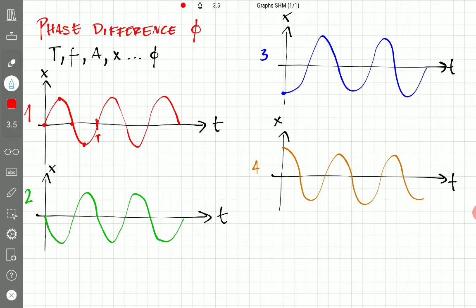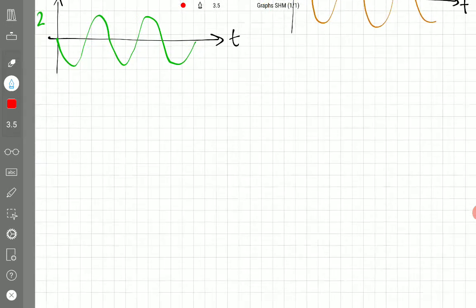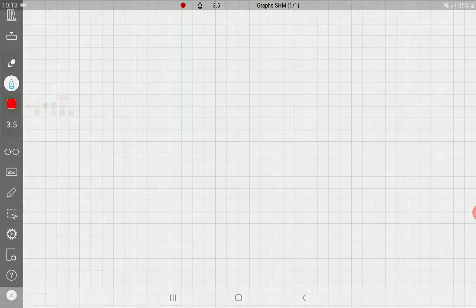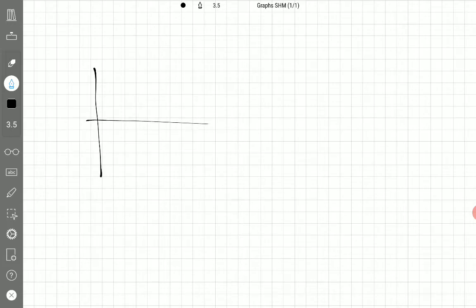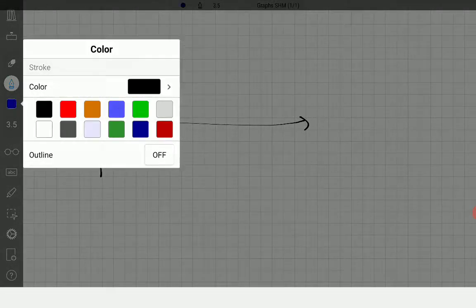Now, to describe that mathematically, it doesn't make much sense to refer to the period itself, but we will refer to an angle in radians. To understand that, let me have a small parenthesis here on the sine function, or any of the trigonometric functions, sine or cosine.